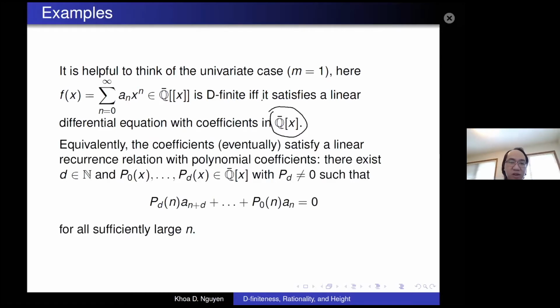Equivalently, the coefficients satisfy a linear recurrence relation with polynomial coefficients. So it's different from rational functions, where the coefficients satisfy a linear recurrence relation with constant coefficients. In this case, we do have polynomial coefficients. So we have a linear recurrence relation of this form.